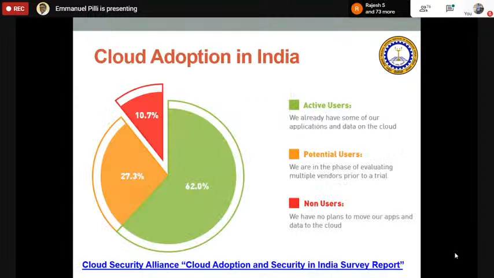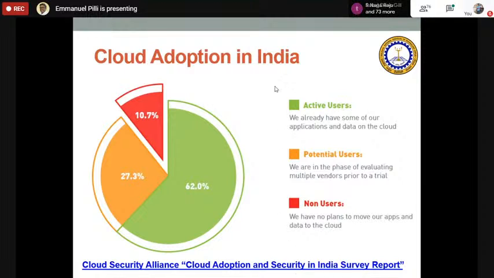As we see cloud adoption, and that too in India, I would like to share with you some research material, that is, the Cloud Security Alliance. The Cloud Security Alliance has done a survey on cloud adoption and security in India.